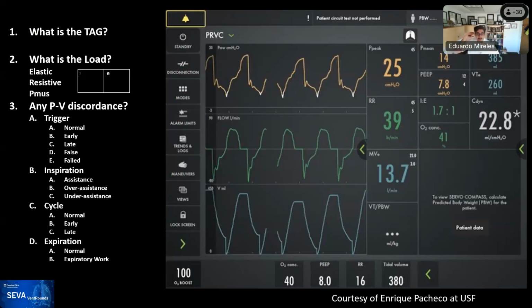So here's the first example, and I actually had the chance to interact with Enrique now in Florida when we ran the SEVA course. He's one of the fellows at the University of South Florida in Tampa, and he sent me these images today, so you can see that they're fresh out of the oven, just right for us to discuss. So let's start with the tag.